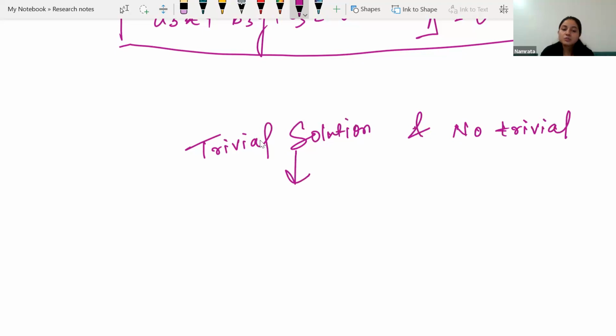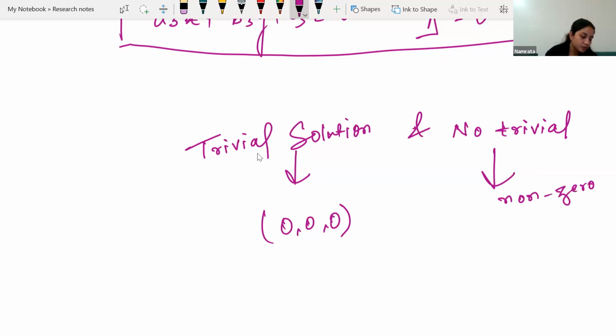Trivial solution means the solution will come out as zero, and a non-trivial solution will be a non-zero solution. Let me check the question. These are all the concepts. Now you will be able to apply the concepts for solving the questions over here.